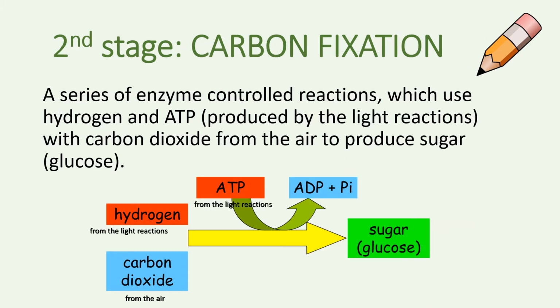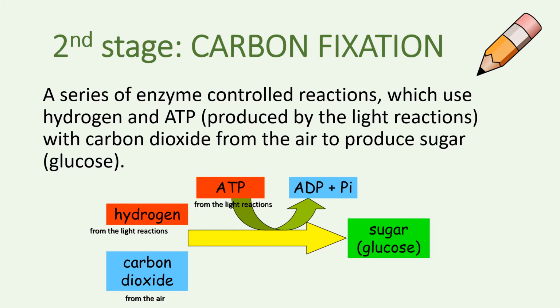Right, so let's look at the next stage. The second stage, we know, is called carbon fixation. Carbon fixation is a series of enzyme-controlled reactions which use hydrogen and ATP produced by the first stage, the light reactions, with carbon dioxide from the air to produce sugar, which is also called glucose.